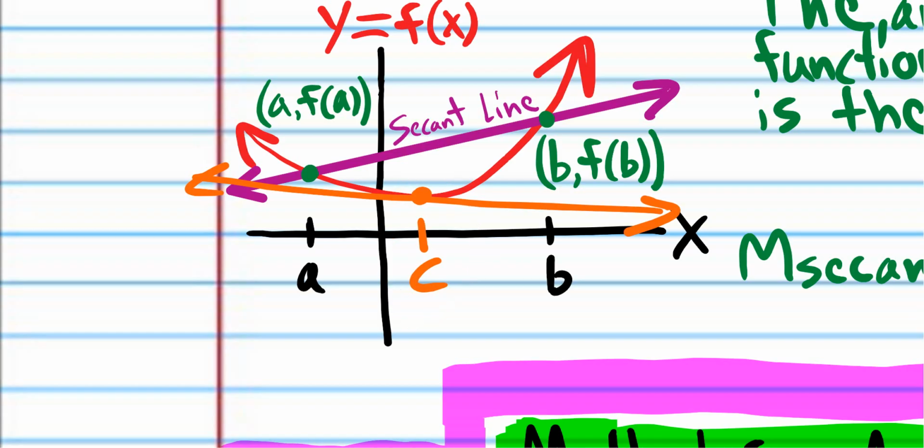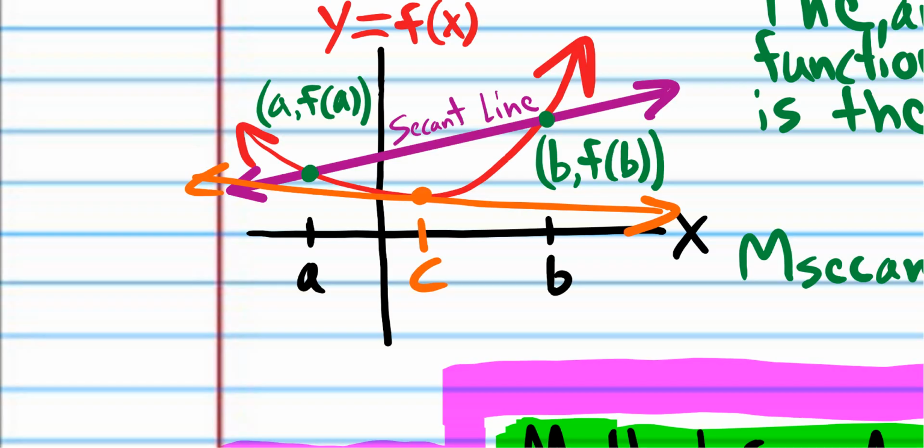And what we do is we use the slope of the purple secant line to approximate the slope of the orange tangent line. So we're using the average rate of change between a and b to approximate the instantaneous rate of change of the function at c.